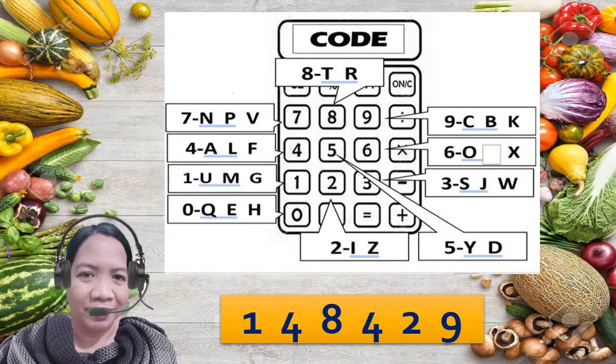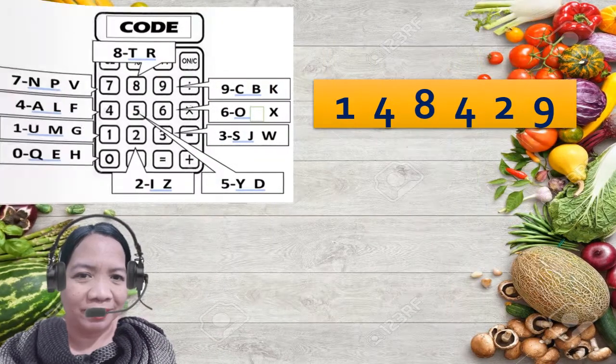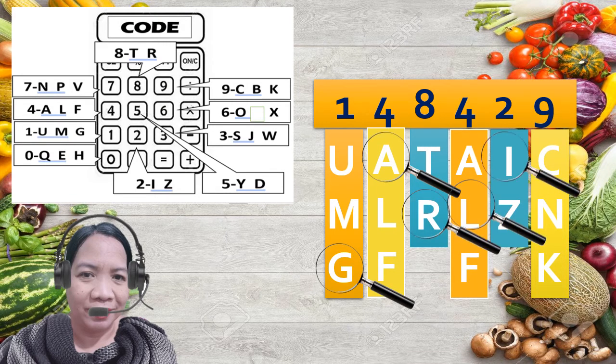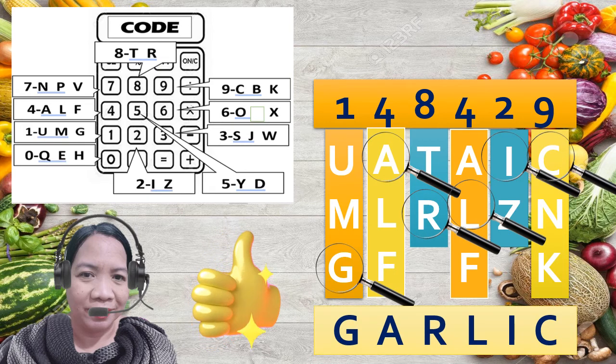Let us have this given example. So, 148429. What is this word? Let us decode this. Again, 148429. Let us use our decoder. Number 1, the letters corresponding to number 1 are UMG.